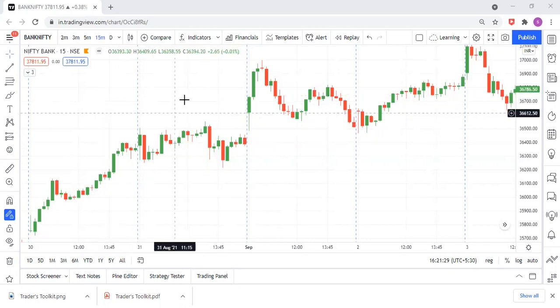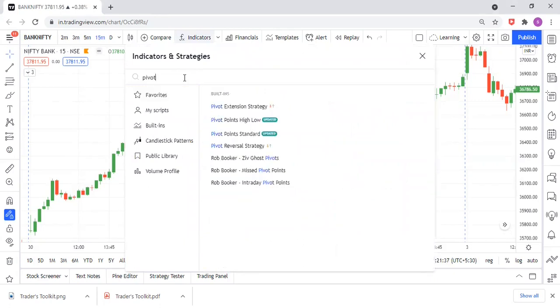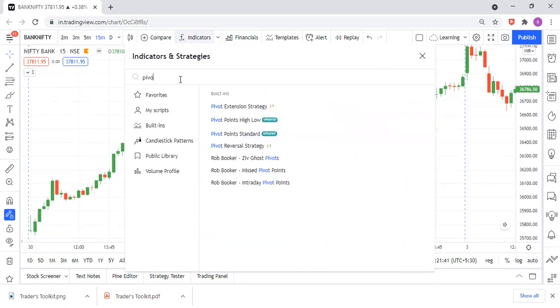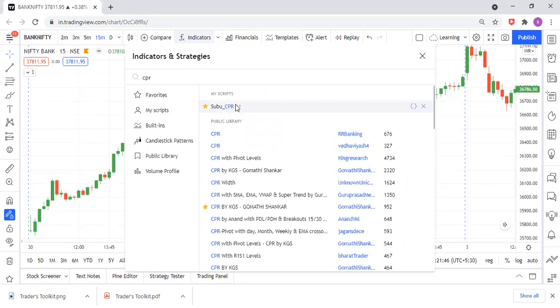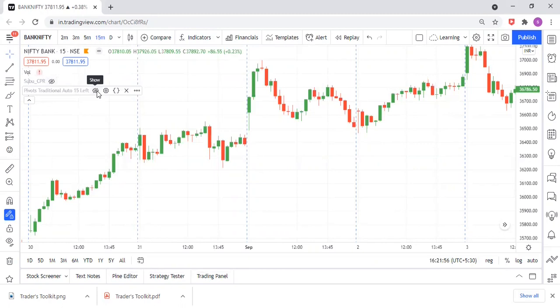For those who don't know, in TradingView you can go into the indicator section, and there if you just type pivot, you will get this Pivot Points Standard. Otherwise you can type CPR. I normally use my CPR, Subu CPR. There will be other CPRs as well that you can try out.